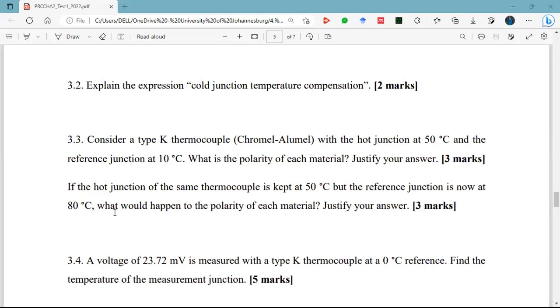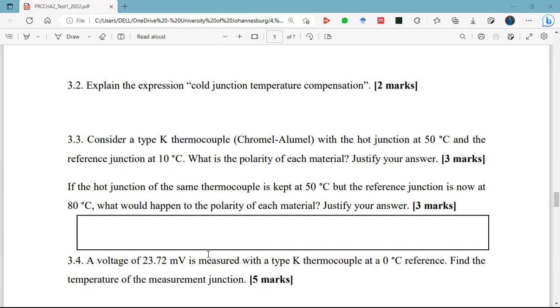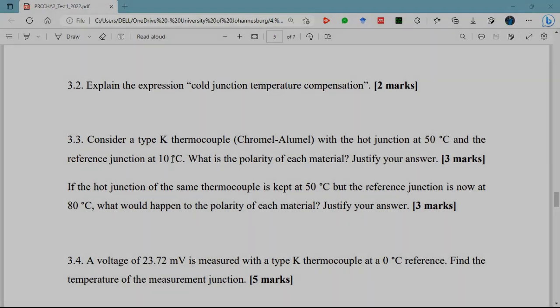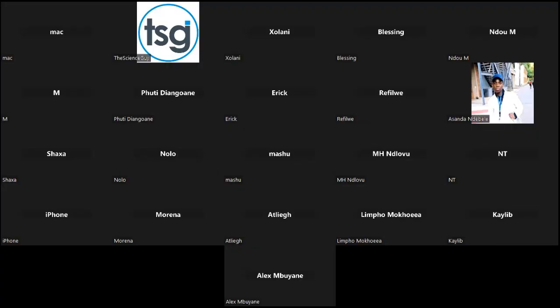What would happen to the polarity of each material? Of course, it will change and be the opposite, because the electrons are also moving in the opposite direction, in contrast to the standard situation where your reference junction is at a lower temperature than the hot junction. And the Seebeck coefficients of your materials are aligned in terms of which one is lower and which one is higher.